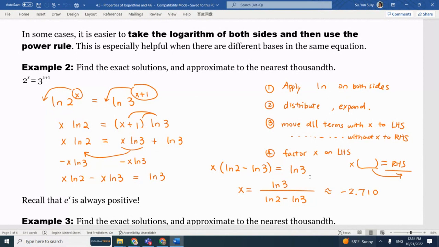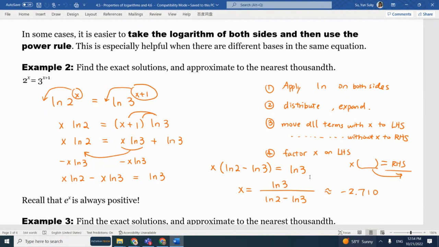By moving, we mean subtract. This term does not have x, so we keep it on the right-hand side. After you do that, all the terms on your left-hand side should have the common factor x, so we can factor out the x, and then x will be your right-hand side divided by this factor.